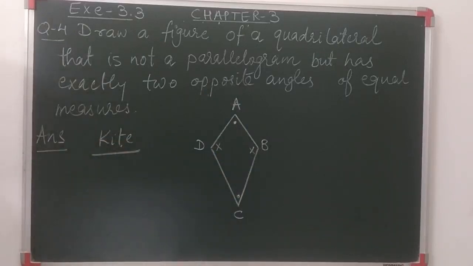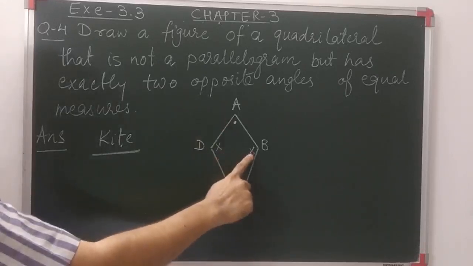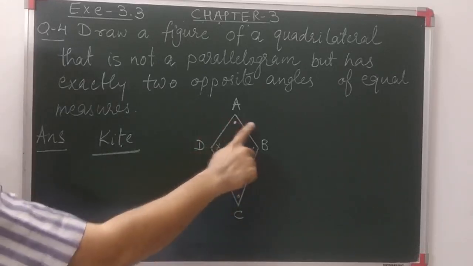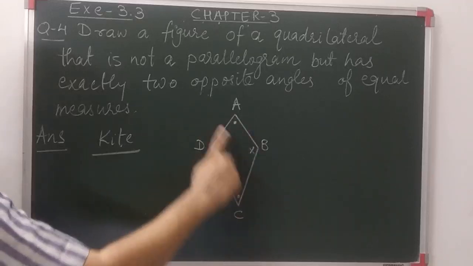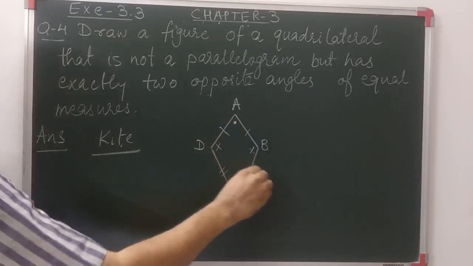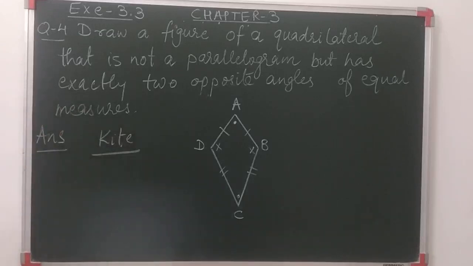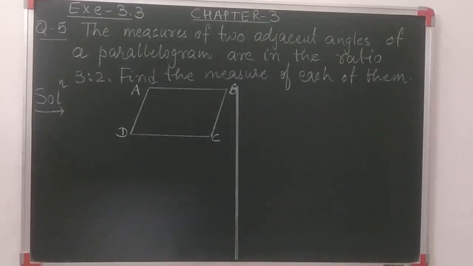In the kite, one pair of opposite angles is of equal measure, and there are two pairs of adjacent equal sides. So the kite is a quadrilateral which has a pair of opposite angles equal, but it is not a parallelogram.